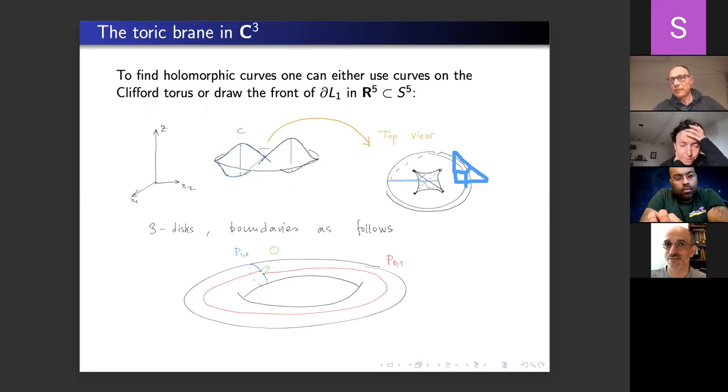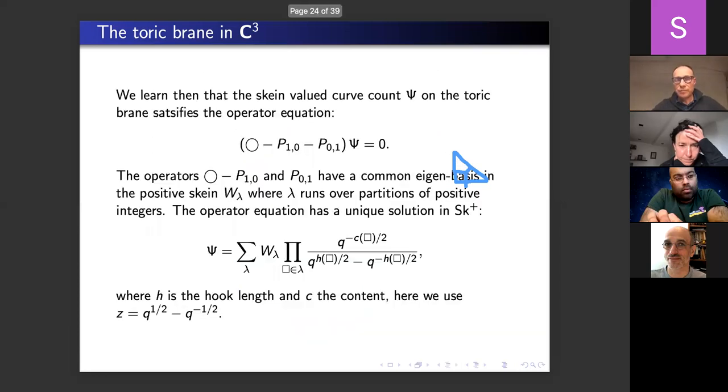And now, what were we saying? We're saying that these three curves plus whatever is inside must be 0 in the Skein. So this gives me the following equation.